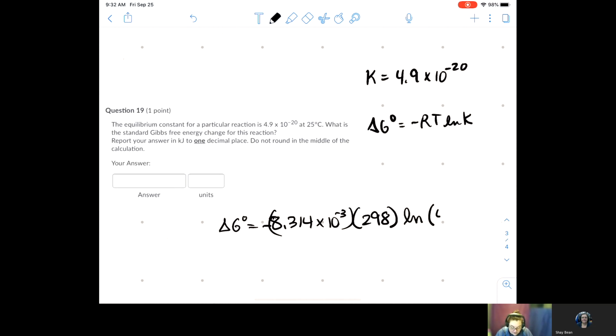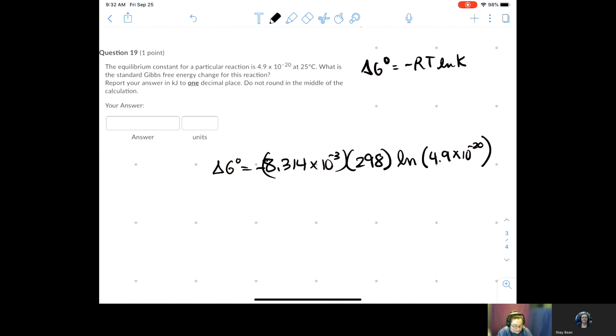And then natural log of 4.9 times 10 to the minus 20. Again, as you punch that in your calculator, just make sure that you know the order you're supposed to be punching it in and make sure that you're getting the right answer. Let me punch that in. You should be punching it in as we go along. Again, a common mistake is to forget that minus sign, but there is a good quick check at the end.